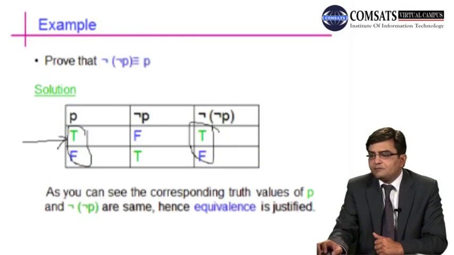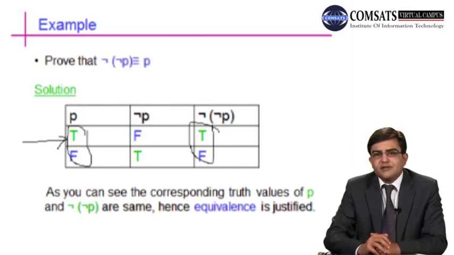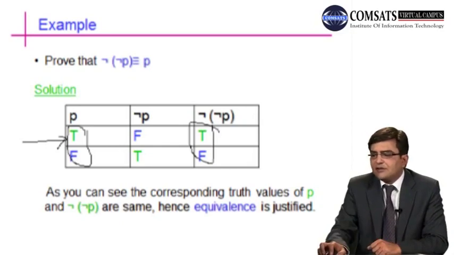For example, if we want to prove the logical equivalence between this compound proposition, and on the right hand side we have a proposition P. If we construct the truth table of these two propositions, P has two possible values, true or false.